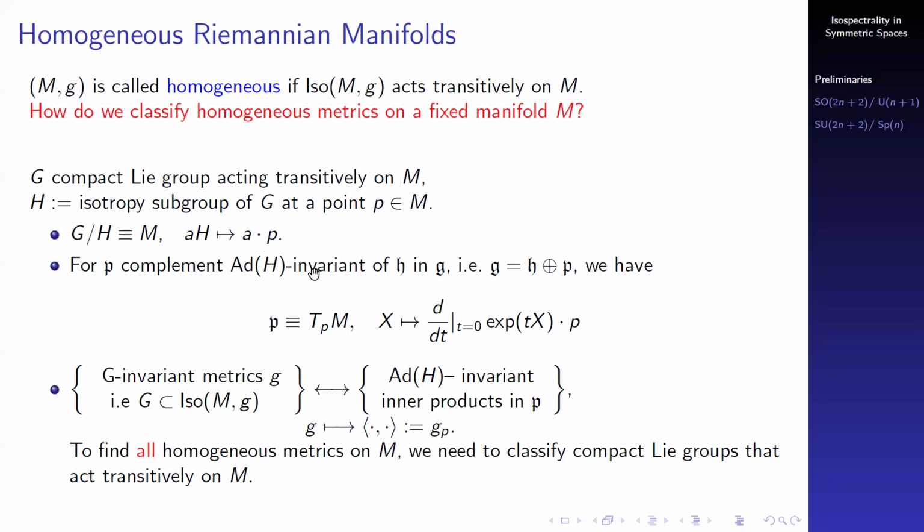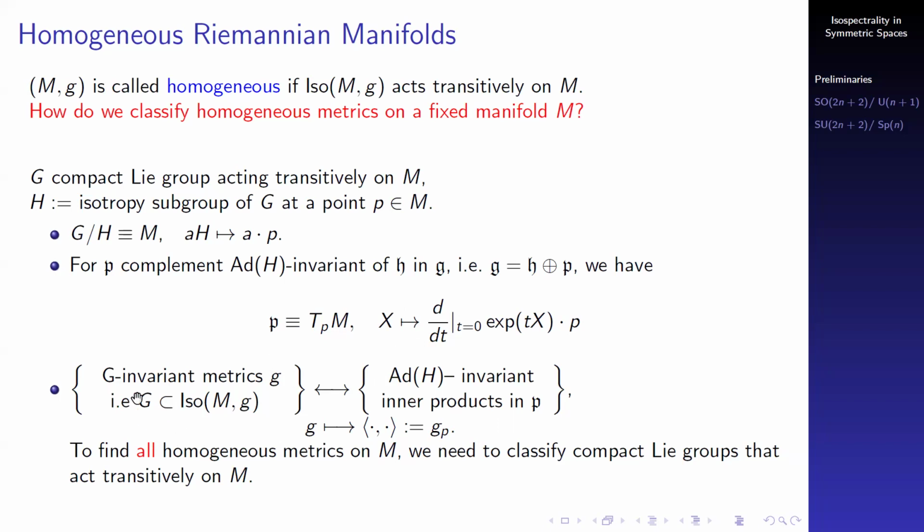In this context, it is well known that p is isomorphic to the tangent space at the point p, by this isomorphism. And with this correspondence, if we want to study G-invariant metrics, this means that G acts by isometries. Then we have to study Ad(H)-invariant inner products in p.